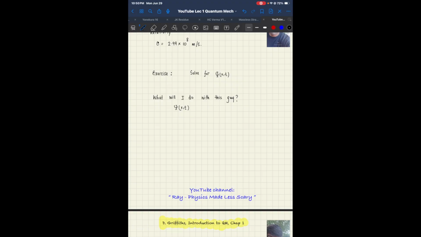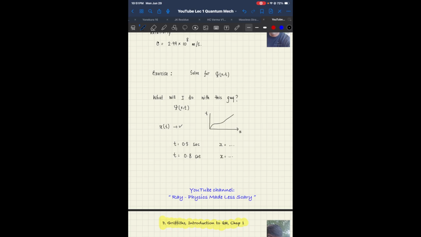You solve for x of t, which basically told you as a function of time where you are. So at t equal to 0.5 second, you have a particular value of x, and at t equal to 0.8 second, you have a particular value of x.